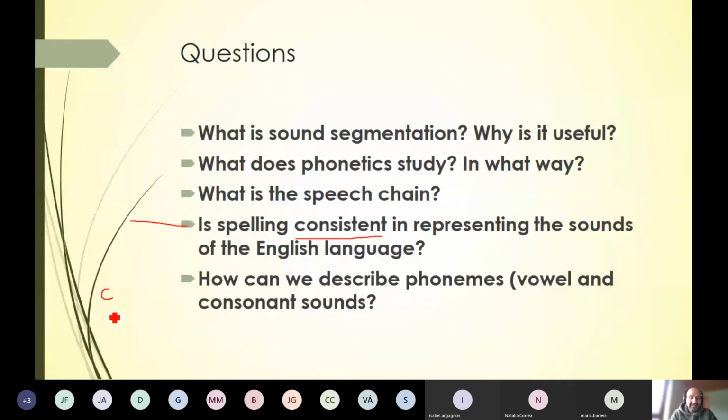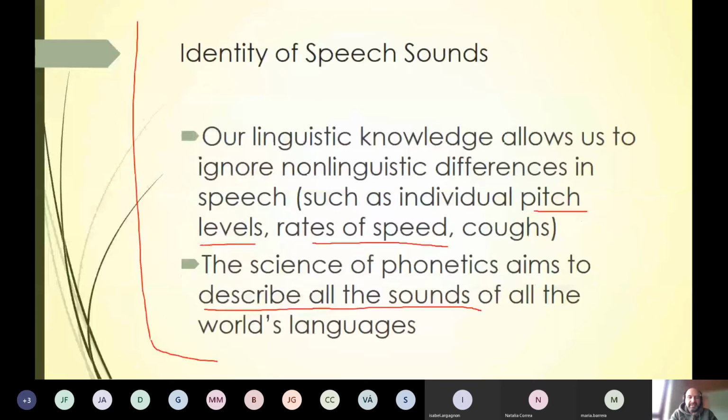We can always expect the same sound from this letter or grapheme. Can we always expect the same sound from this grapheme in English? That is what we're going to refer to in this slide.